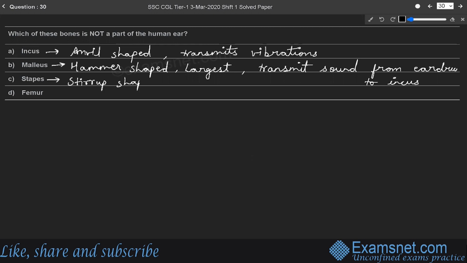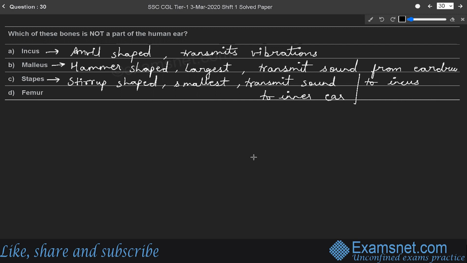It is also a bone that is present in the ear and it is the smallest bone which is present in the middle of the ear. It transmits sound to the inner ear. So it is used to transmit sound to the inner ear.